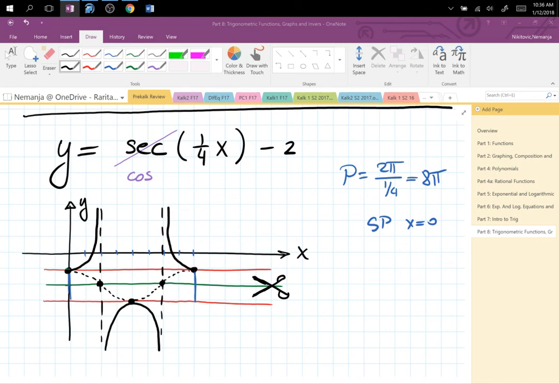And remember, anytime when the cosine was 0, because it's 1 over 0, it's undefined, which is the reason why you have vertical asymptote at those places. So wherever sine or cosine graphs cut the green line, midline, that is the location of your vertical asymptotes. And the min and max points are these anchor points which will give rise to these U shapes.